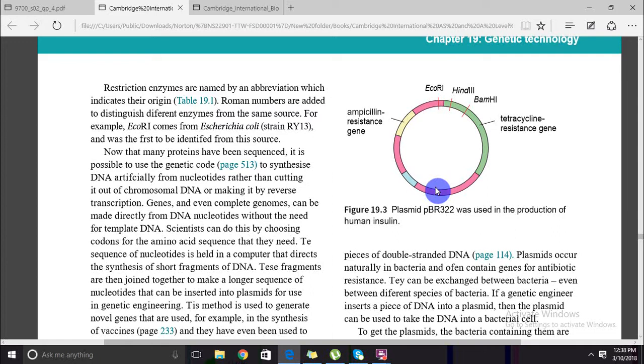So genes and even complete genomes can be made directly from DNA nucleotides without the need for a template DNA, and template DNA could be mRNA or could be a complementary DNA strand, but we no longer need it.